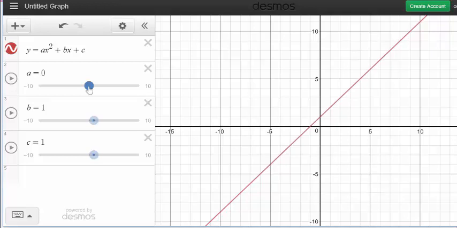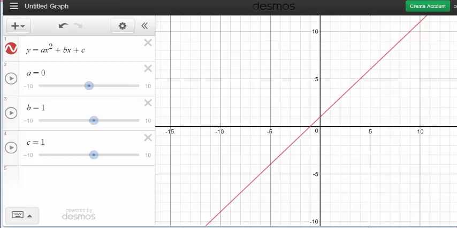So let's think about that. Why is it that if a equals 0, it's not a parabola? Yes? That's right. Very good. So if a is 0, then it's 0 times x squared, which becomes 0. So then y is just what? y equals bx plus c, which actually is just a linear relation.